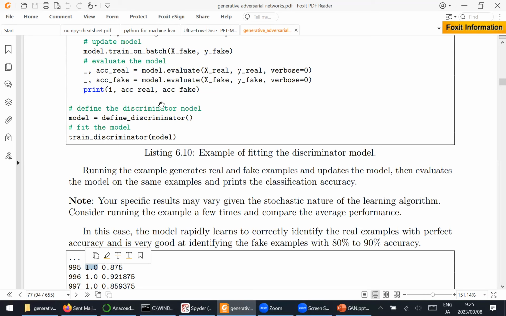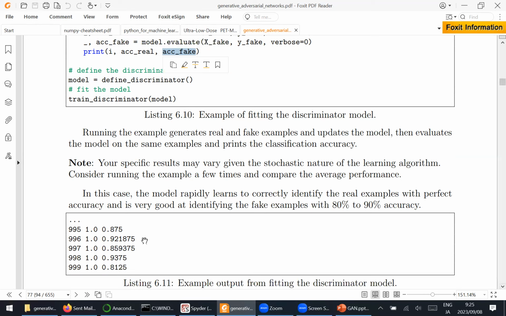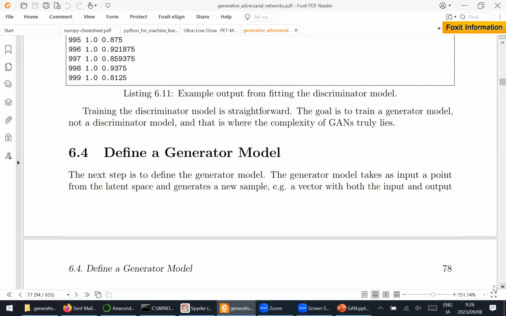It's guessing 100% of the time correctly. But when we gave it random numbers, it's getting maybe close to 90%. It's not very stable, but it's getting pretty good. So real and fake updates the model, then evaluates the model, same example. So maybe around 80–90% accuracy. So that is our discriminator.